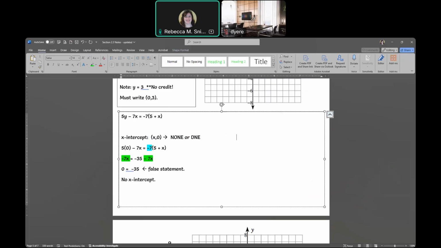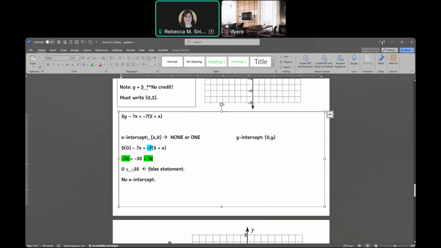Now, the other piece we have to find is the y-intercept, or at least to see if we have that. To do that, we have the point 0 comma y, which says we have to plug the value in for x and solve. So here we have the same equation, 5y minus 7x equals negative 7 times 5 plus x. But instead of plugging the 0 in for y like we did here, we're going to plug a 0 in for these x terms and see what happens.